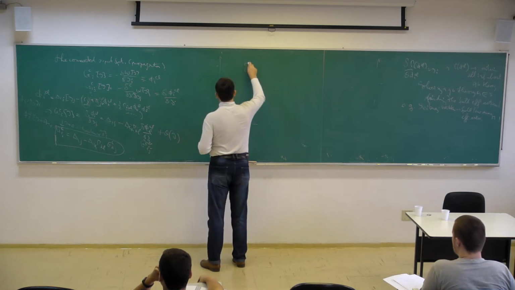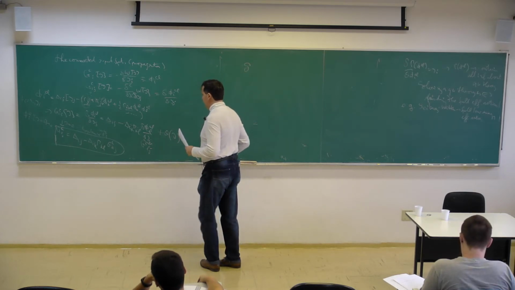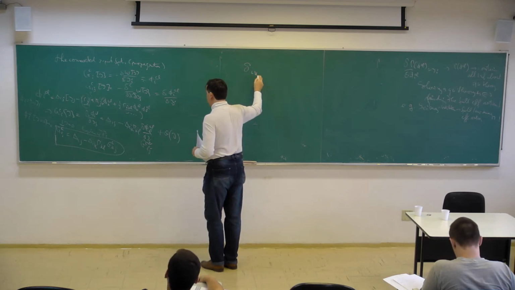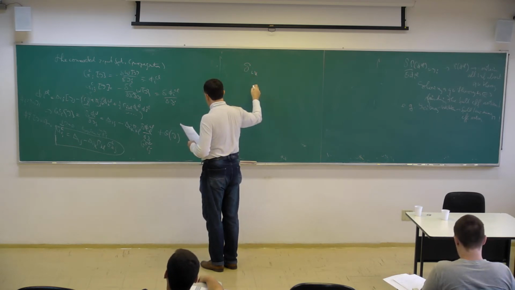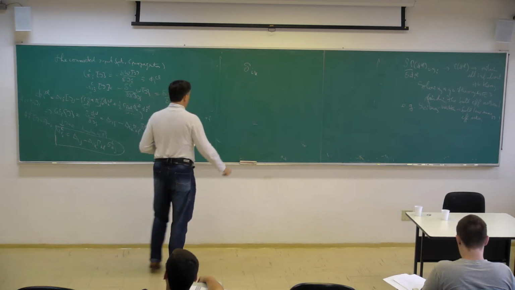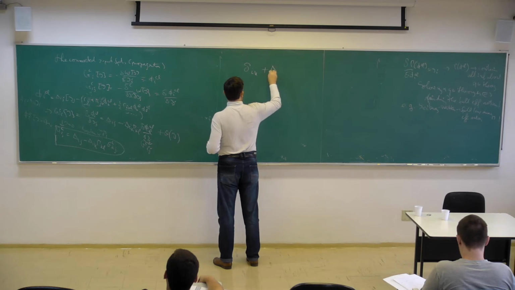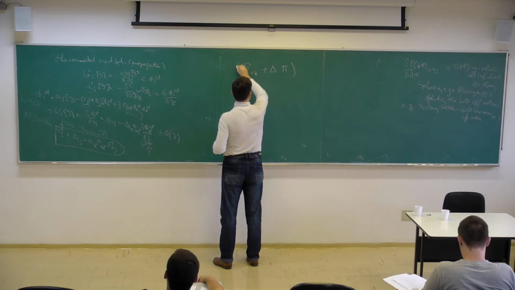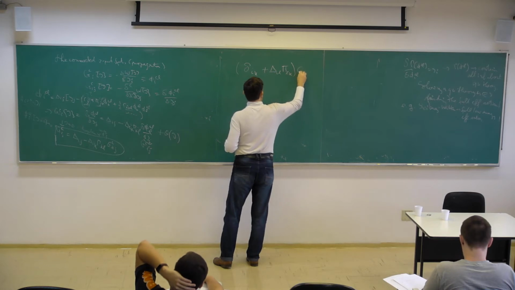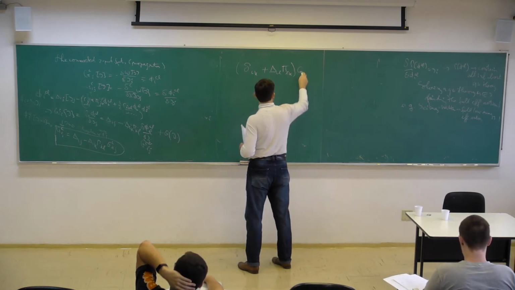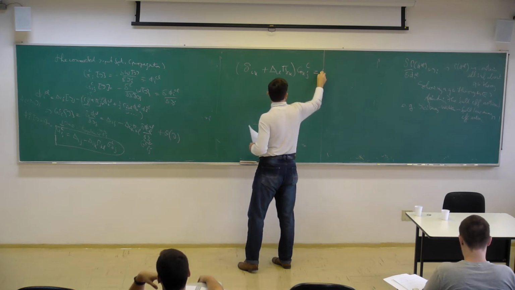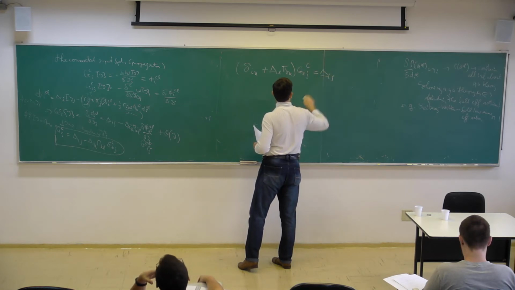So I get delta_ik plus delta pi_il, lk, then G_kj connected equal to delta_ij.